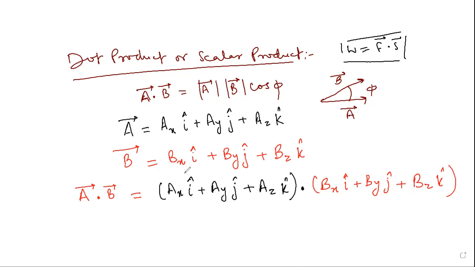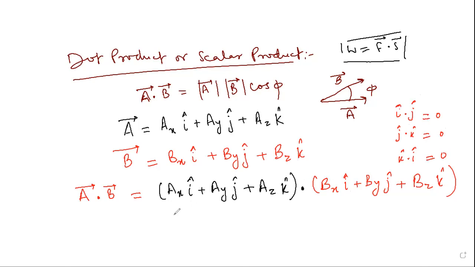But 6 of them will vanish, they will become 0, because either they will have i dot j attached with them, or j dot k, or k dot i. You can check it. i dot j, j dot k, k dot i are all 0, because angle between ij, jk and ki is 90 degrees, cos 90 is 0.